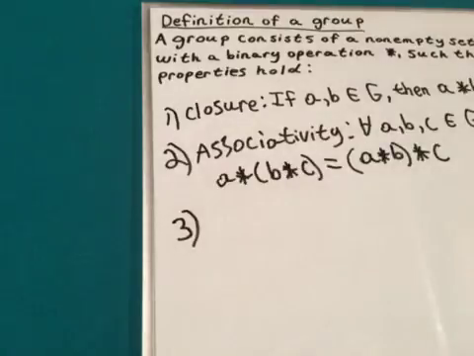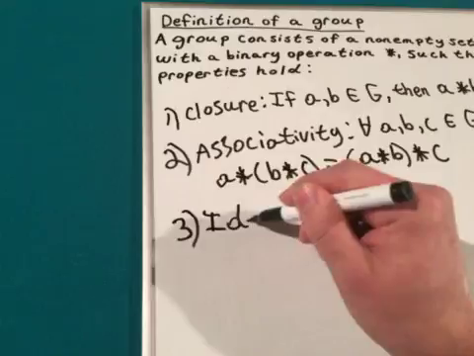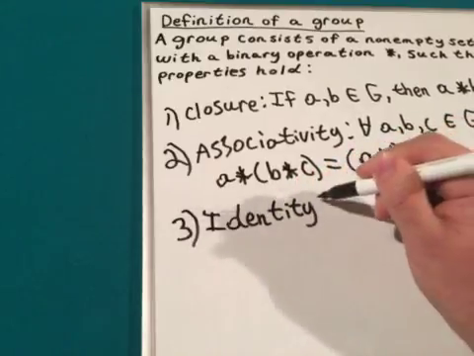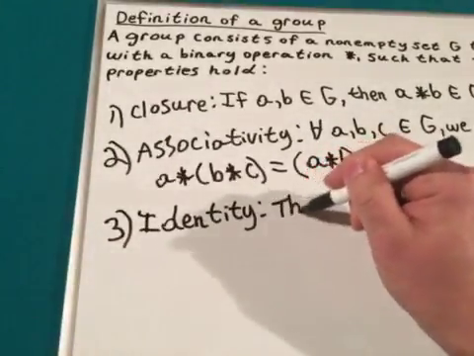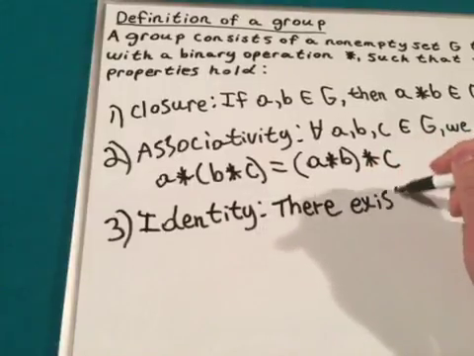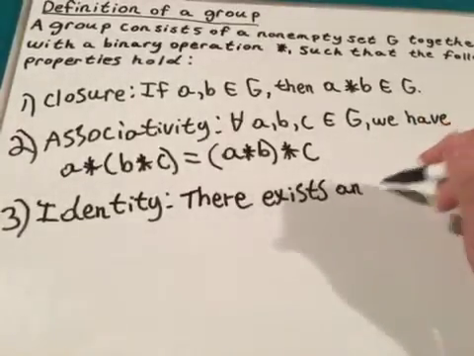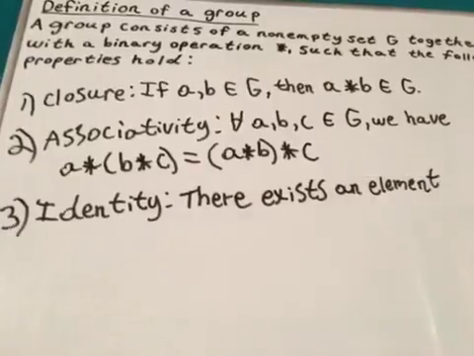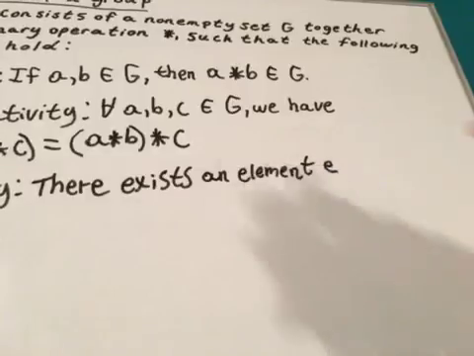The third is that there has to be an identity element. What does that mean? There has to exist an element, which is normally denoted by E, which I don't particularly like.